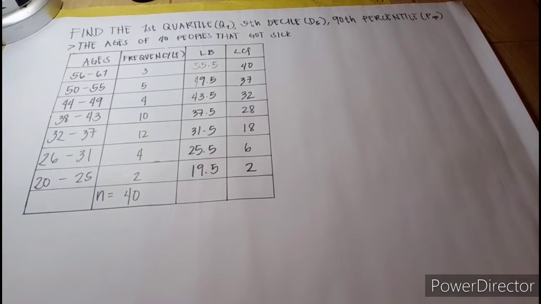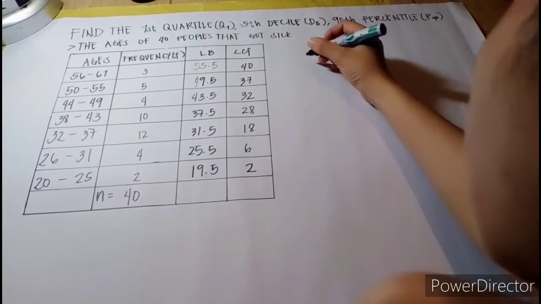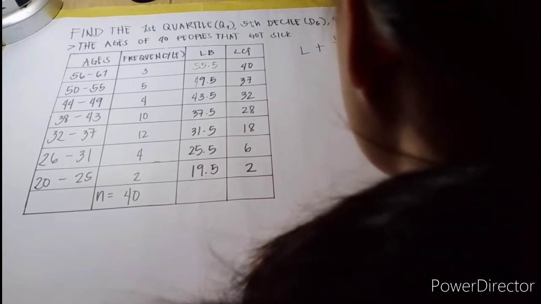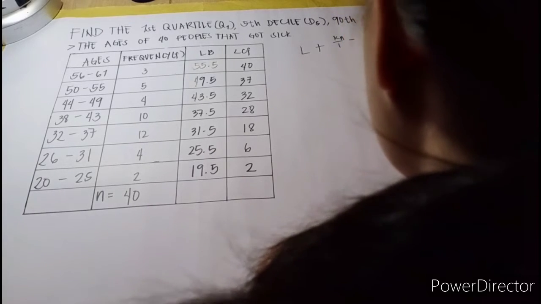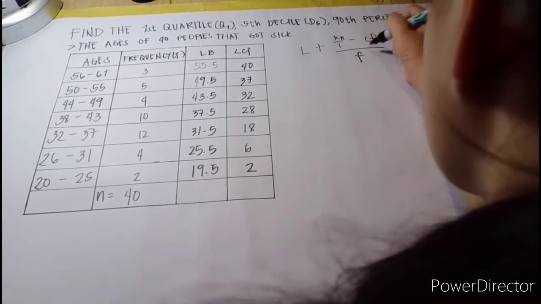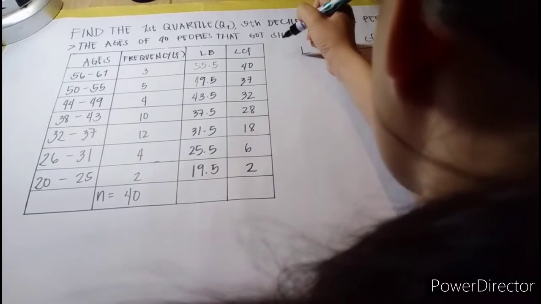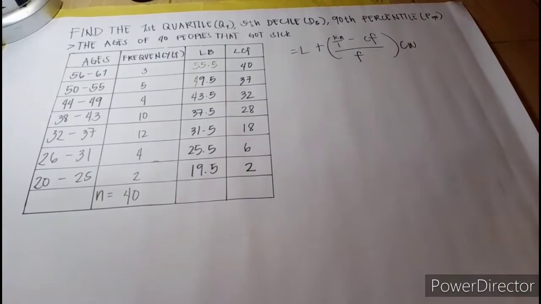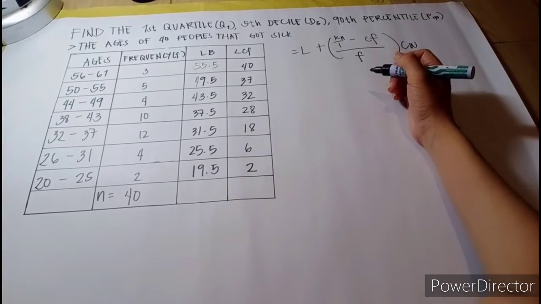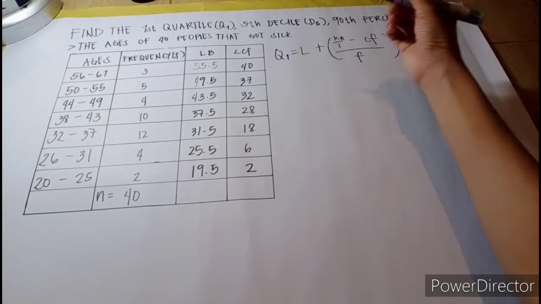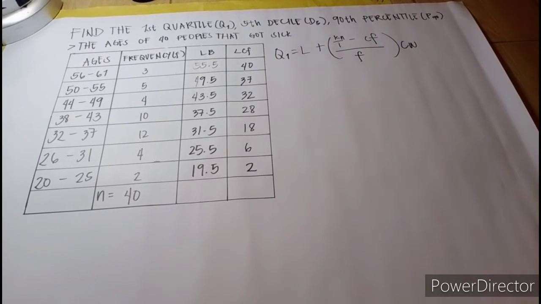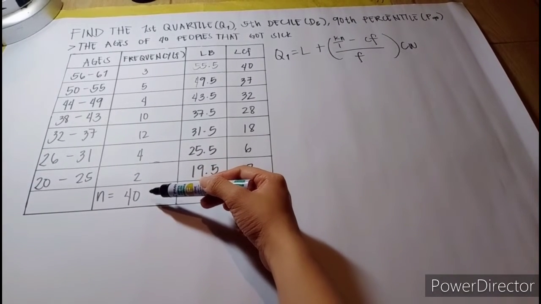Using this formula to get the first quartile, Q1, first we get the sum of frequency to solve for KN over I. So this is the 40.